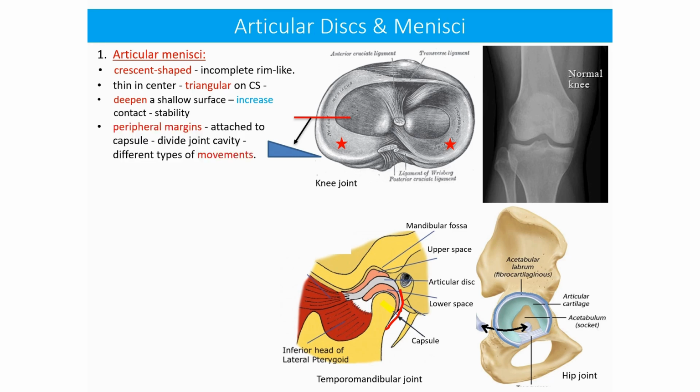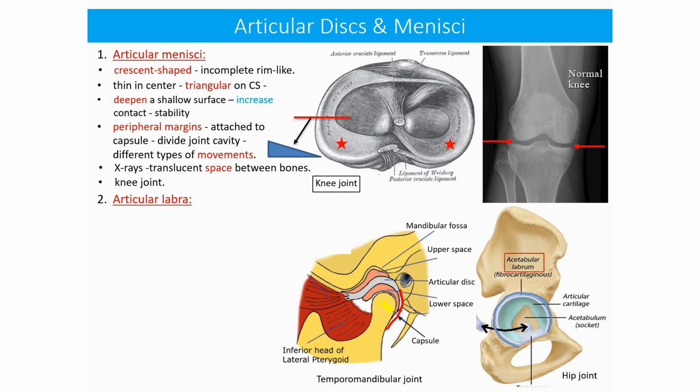Their peripheral parts are attached to the capsule, hence divide the joint cavity into two spaces which have different types of movements. As the cartilages are translucent, spaces appear between the bones forming a joint on X-ray, such as is seen in the bones forming the knee joint.